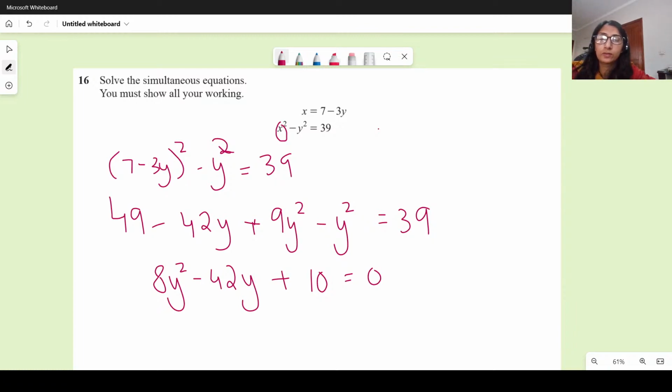Now I'm going to divide both sides by 2. 4y squared minus 21y plus 5 equals 0.